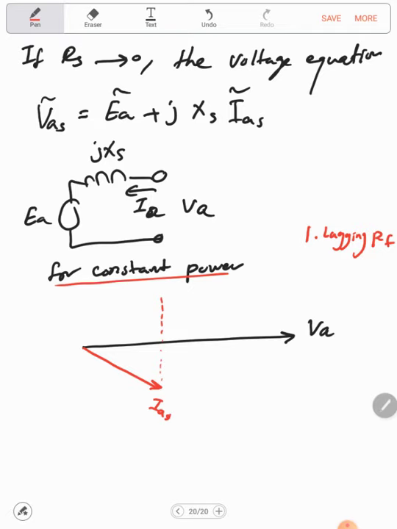So if we need to calculate the EA, we need to solve this equation.